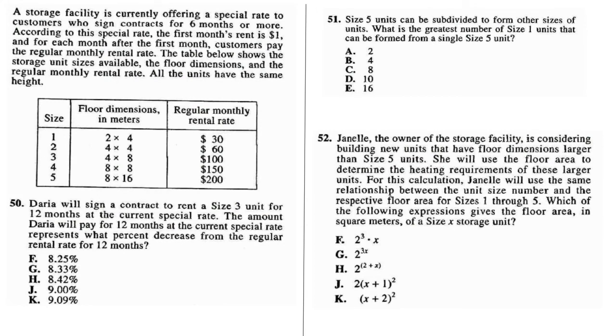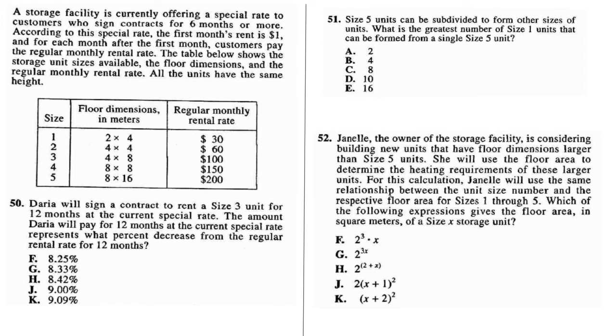All right, number 50. And let's just read the question and give us all the stuff. This person will sign a contract to rent a size 3 unit for 12 months. And at the current special rate, the amount Daria will pay for 12 months at the current special rate represents the % decrease from the regular.